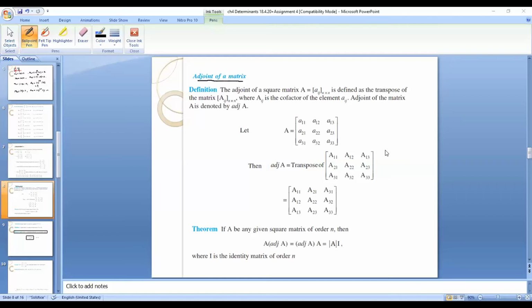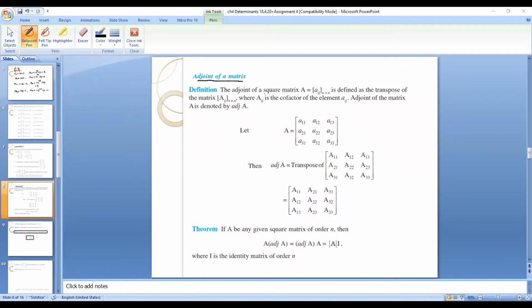Okay, so we will continue. We have to find adjoint. So the very first step is all the cofactors. After finding the cofactors, we will write them in a matrix.